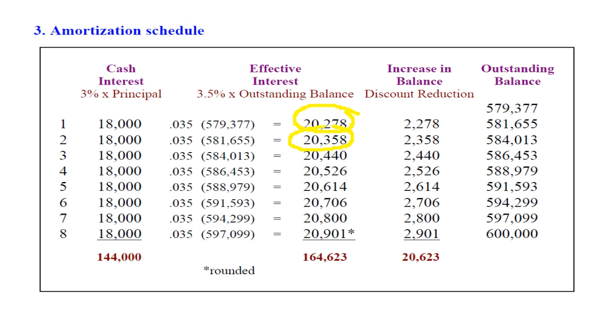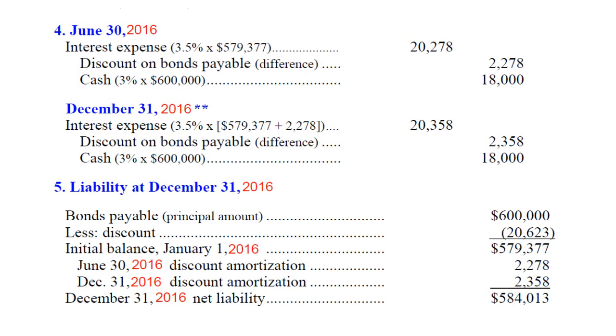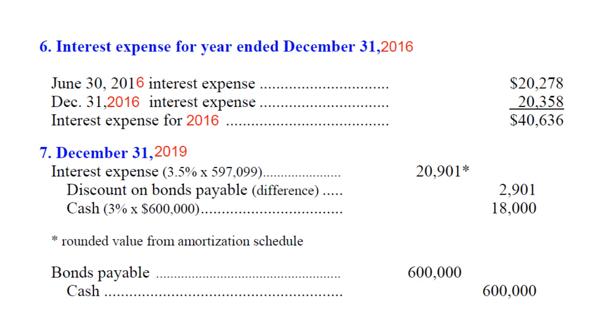The first one for the first payment in June, and the second payment was on December. So we have 2 interest expenses here, which will be recorded in the income statement. So this is how it will show in the income statement as interest expense.